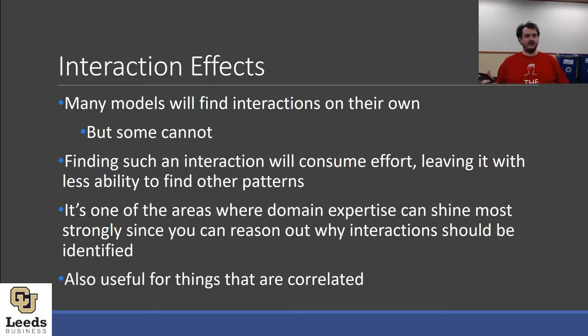However, there are some algorithms that can't. Beyond that, it does take effort for your algorithm to find those interactions. That means that it has less of its resources available in order to find other things that are interesting or useful.